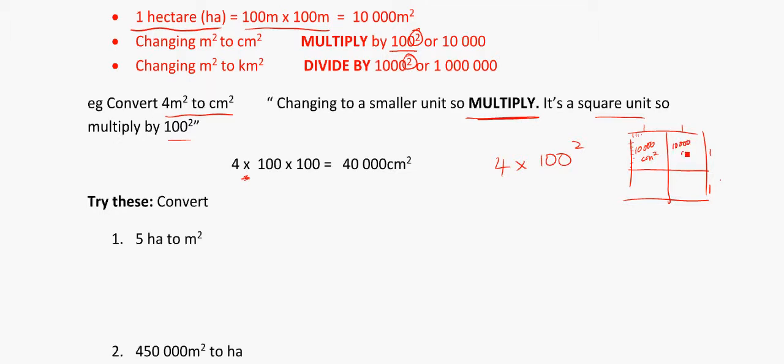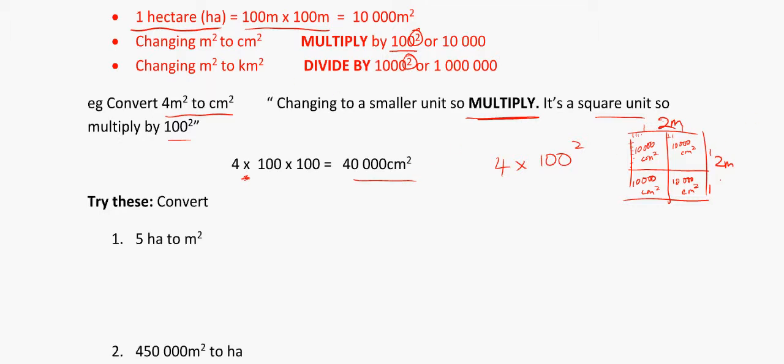So a lot of little centimetres, and that's why it's such a big number. 10,000 centimetres squared and 10,000 centimetres squared in there. So in 4 square metres, this is 2 by 2 metres, you've actually got 10, 20, 30, 40,000 centimetres squared. So it's a big number when you're talking about area.